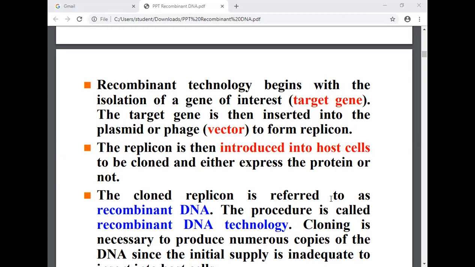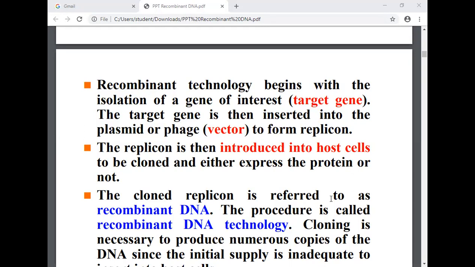So we can call it gene of interest, target gene, desired segment, specific sequence of base pairs, etc. And that target gene is then inserted into a plasmid or phage. Now that plasmid or phage, to which the gene has been transferred, would be called a vector, because it will replicate that recombinant section or complementary DNA. The replicon is then introduced into a host cell to be cloned and either express the protein or not, right?